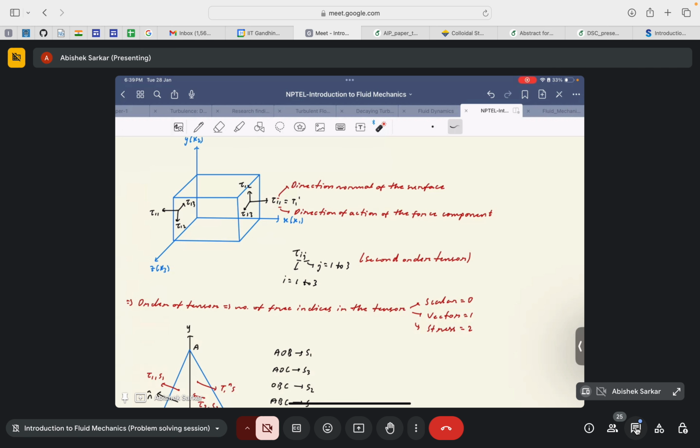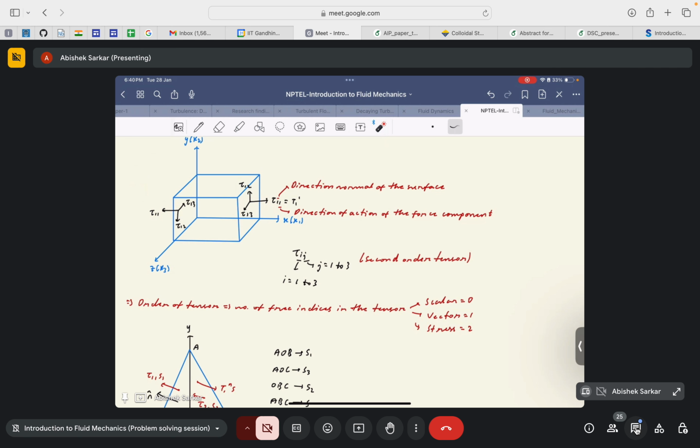So to make it positive, we will take the direction of the force such that it is opposite to tau 1 1, just so that the negatives cancel out and give a positive term. That's why, since the normal direction is negative x1, one negative sign is already included in the direction of the force.